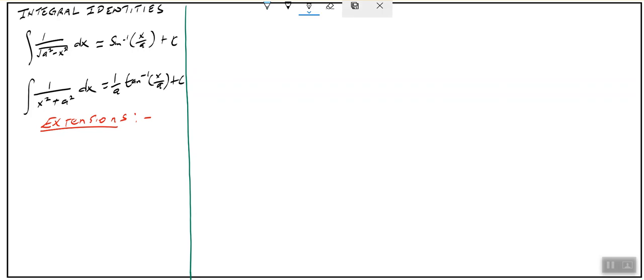The extensions, I can prove them, but I would not waste time doing that. These extensions are as follows.